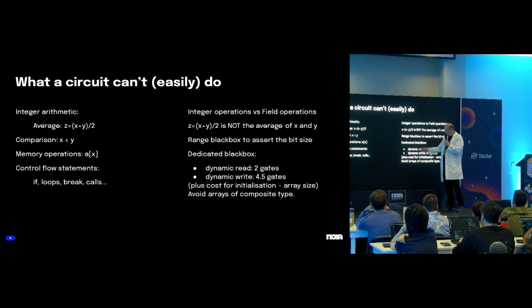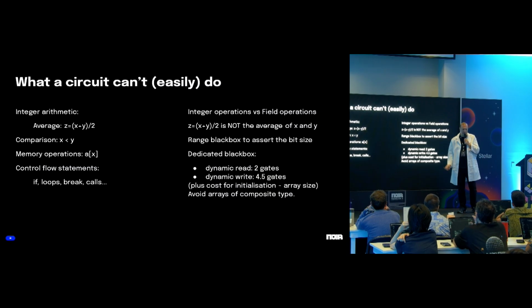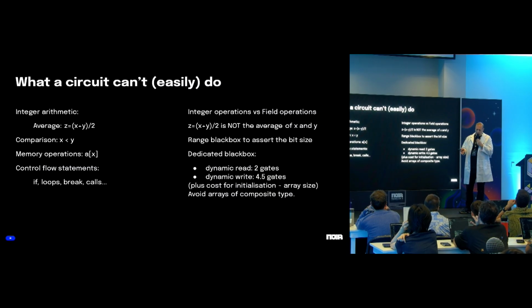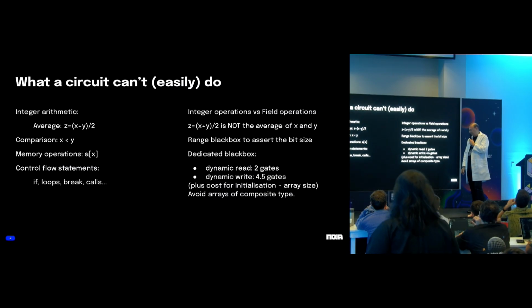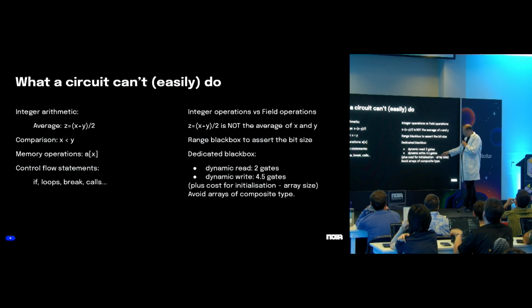So why do I say dynamic read and dynamic write? It's because if you want to access your memory at a constant index, an index as you know, like 5, 8, whatever, usually it can be optimized out. And one more thing, we need to pay for some initialization costs, which correspond to the array size.